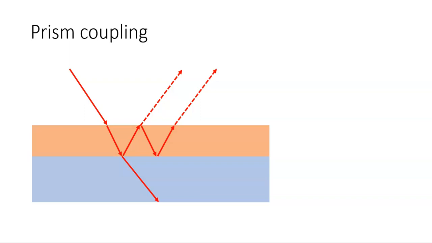The fundamental reason for this is that the wave number in the cladding is always smaller than the propagation constant in the core of the waveguide. Therefore, the wave number of light, and especially its tangential component, needs to be increased to enable coupling of the incident wave to the propagating waveguide mode.